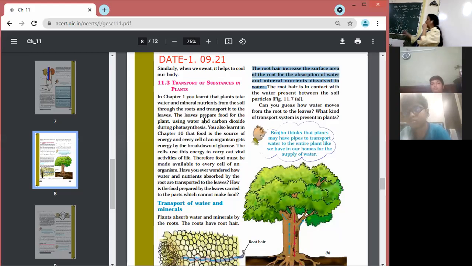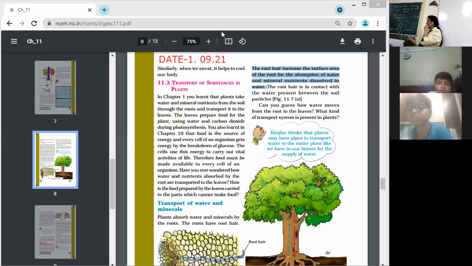Similarly, the food prepared in the leaves is sent to all parts of the plant. That is done by the phloem. This is the phloem and this is a downward movement. So children, these are the two vascular tissues, xylem and phloem, which are responsible for carrying water and minerals and for carrying food to all parts of the plant.